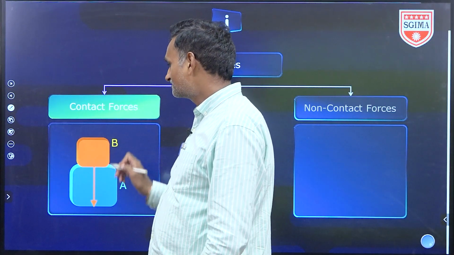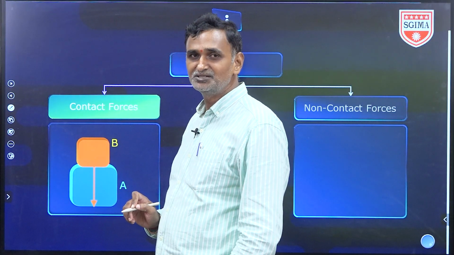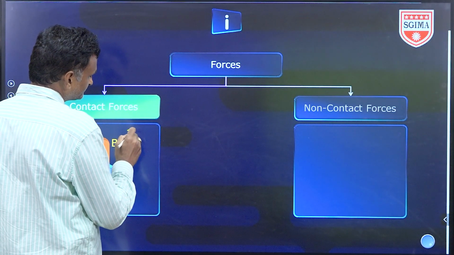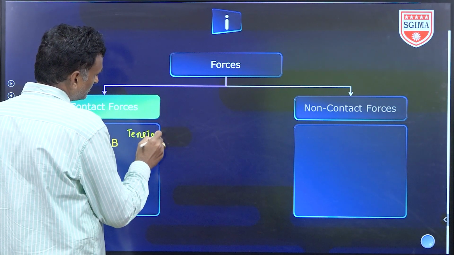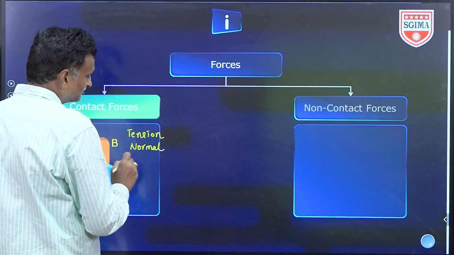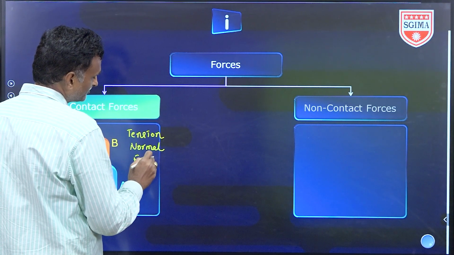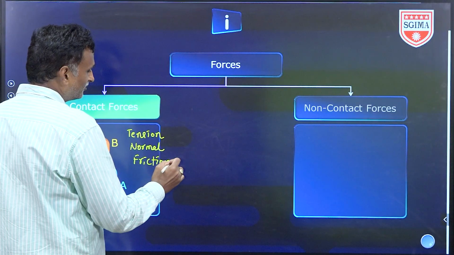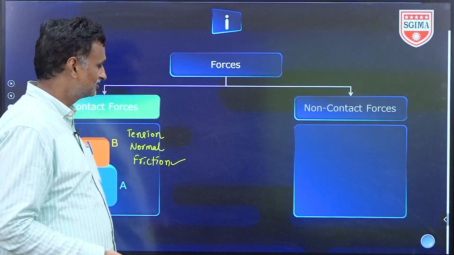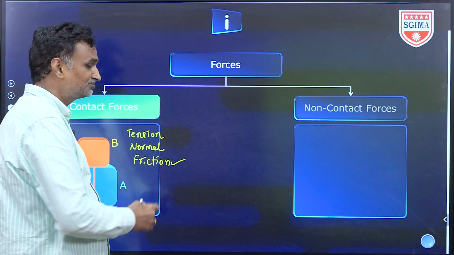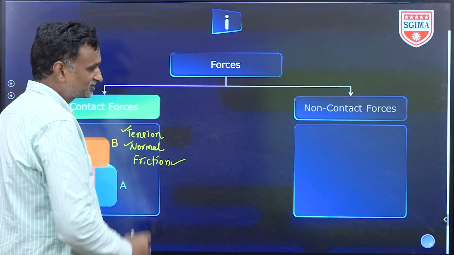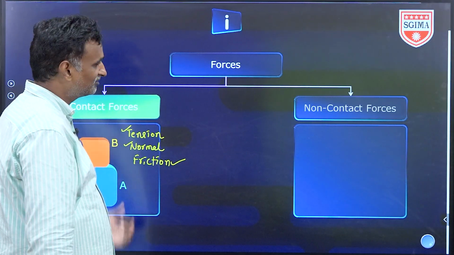First of all, contact forces: basically tension force, next normal reaction, next friction. About this you will learn a complete new lesson in the coming parts. It is given as a complete lesson, but we will give some introduction for tension, normal force and friction. Let us know one by one first.